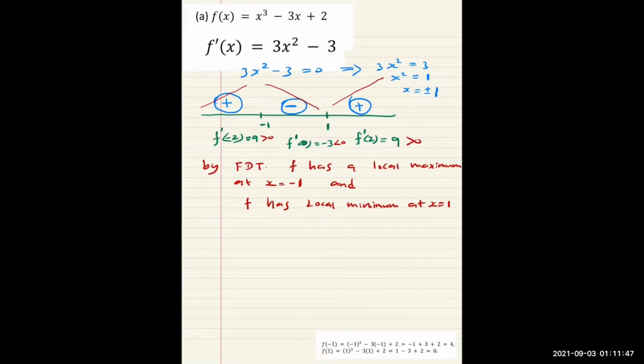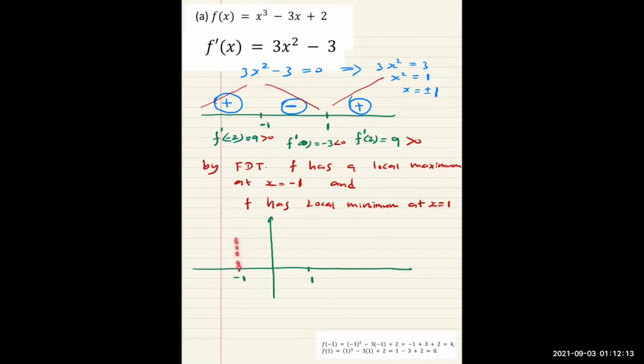Now we are ready to go for the graph. Let me graph my function now. This is -1. This is +1. And I know that at x is equal to -1, I'm going to have a local maximum by first derivative test.